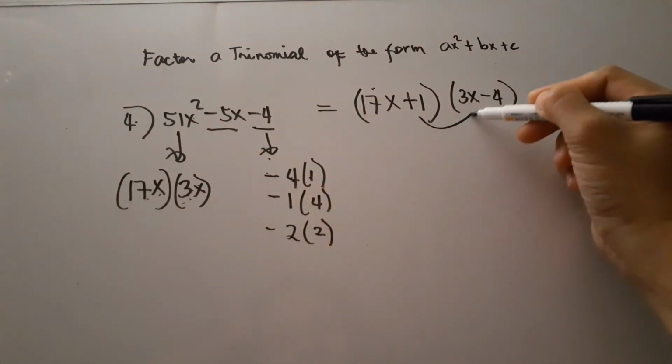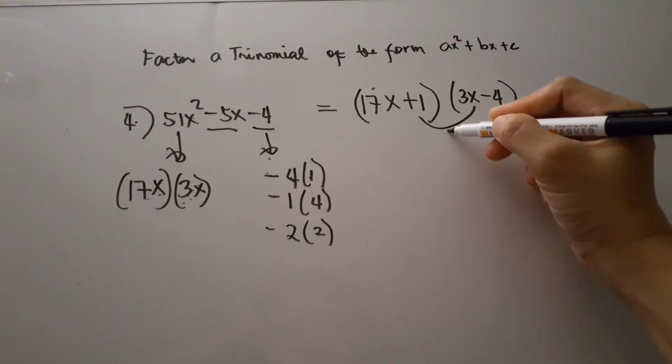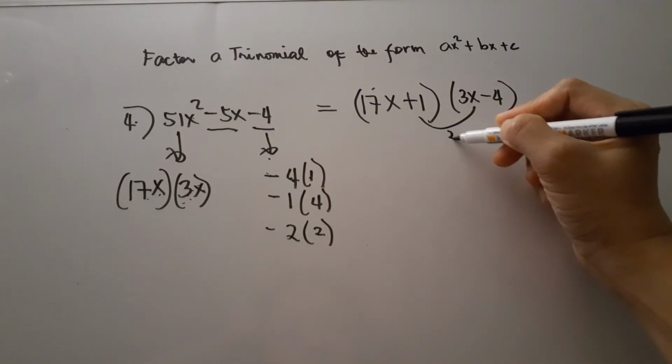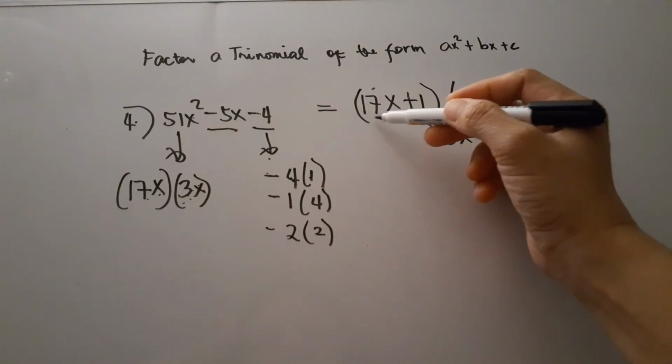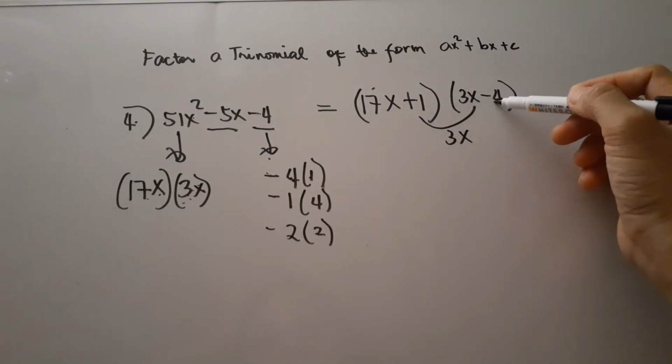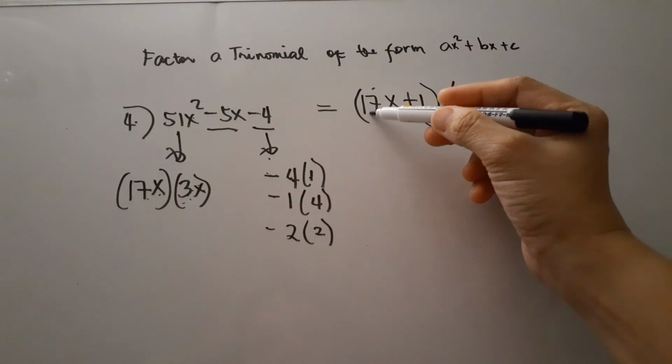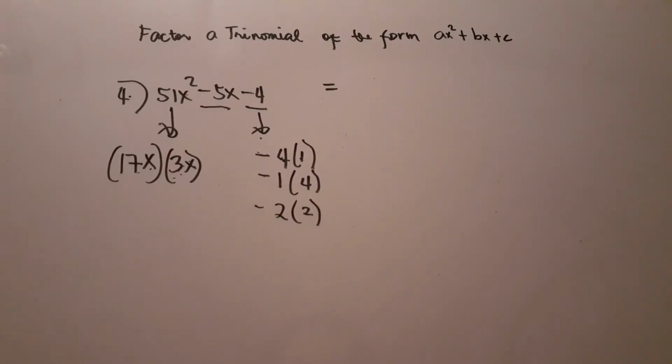Let's see if we can combine this together, positive 3x and positive 1, with 17x times negative 4. Since it is not correct because it has larger values, we can try other factors.